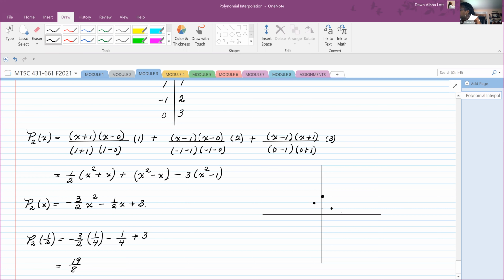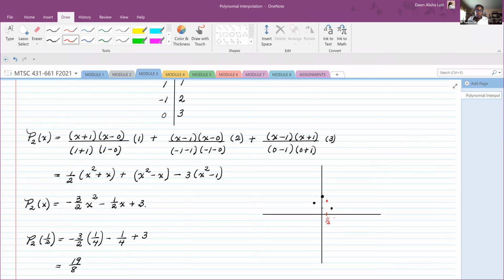So just using the polynomial that goes through there, I would get that if I did 1/2, it would be about 2 3/8. So I would expect the value at a half to be right here. Okay. All right, so that's how we would use that. And that looks to be pretty good if I assume my data looks like that.